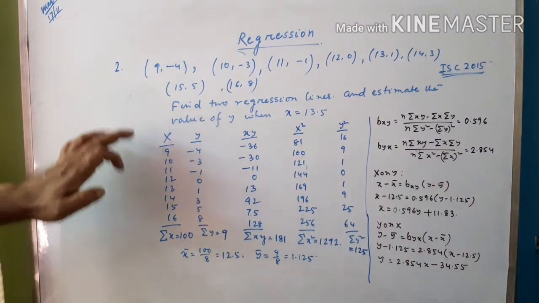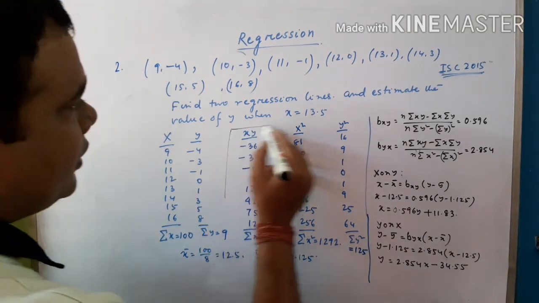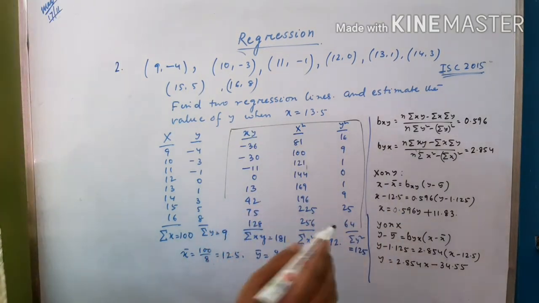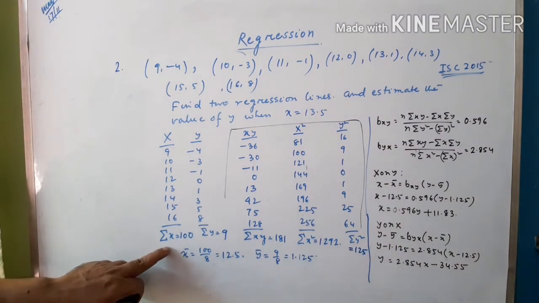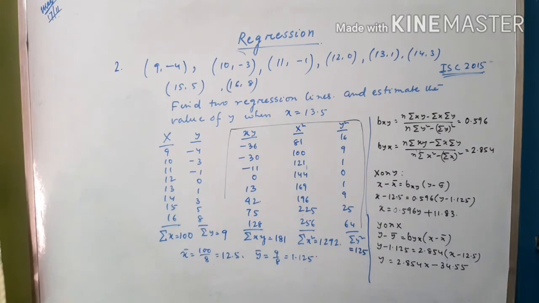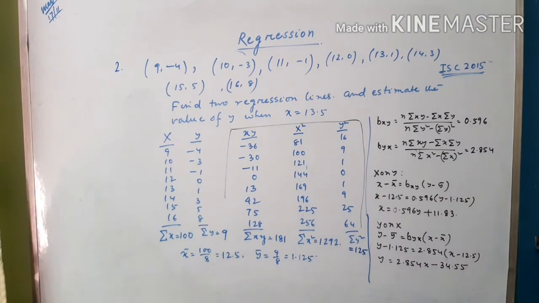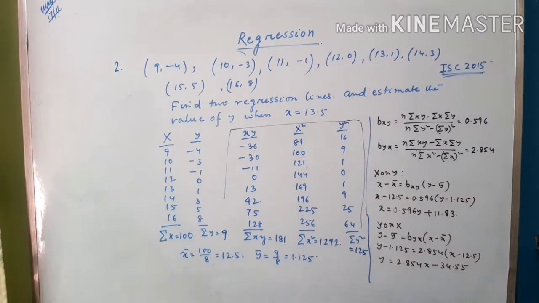Now after adding, let us suppose I am not forming these columns. Clear? Adding sigma x we get 100 and the number of observations is 8. So when we calculate x bar, we see that x bar is a decimal value, not a complete integral value. Similarly, y bar is also a decimal value.